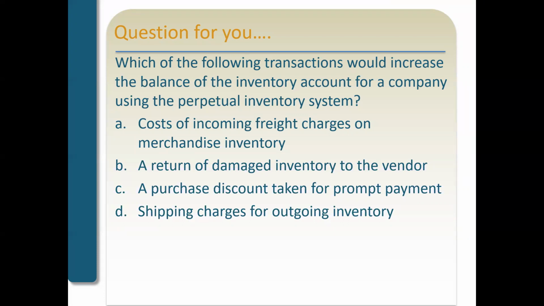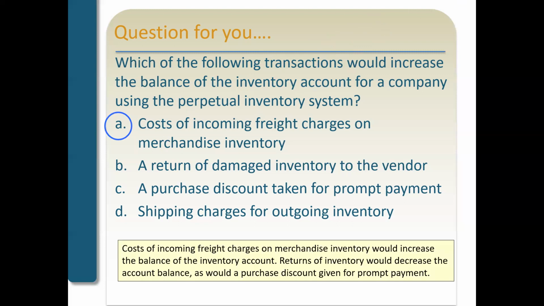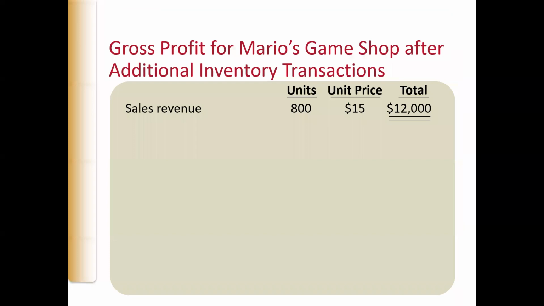Which of the following would increase the balance of inventory? Costs of incoming freight charged on merchandising inventory? That would increase it, wouldn't it? A return of damaged inventory to the vendor would decrease it. A purchase discount taken for prompt payment would decrease it. And shipping charges for outgoing inventory would decrease it. So no, what increases it is costs on incoming freight.